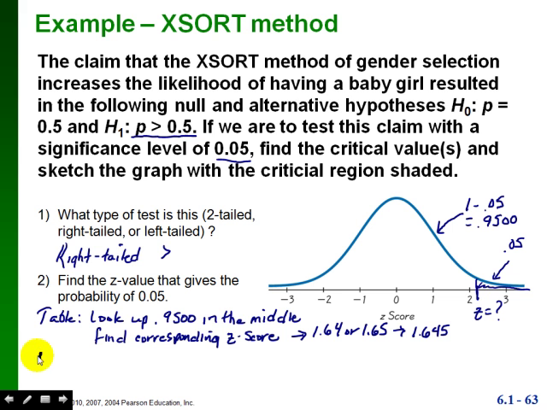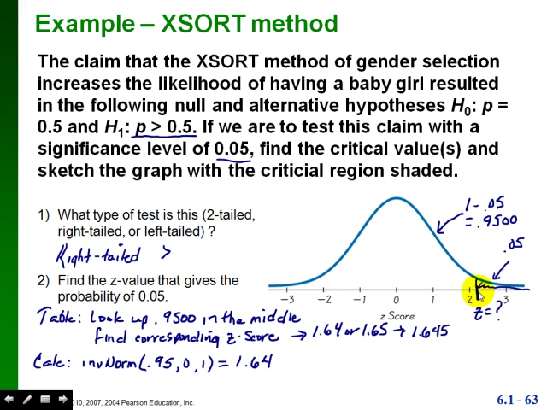Now if you're using your calculator, then here's where we use the inverse norm function. You put in your probability, and then again that has to be in the left end of the graph, so we'd use the 0.95, 0 and 1 since we're doing z-scores. And this is going to give you something like 1.64 if you round it to 2 decimal places.